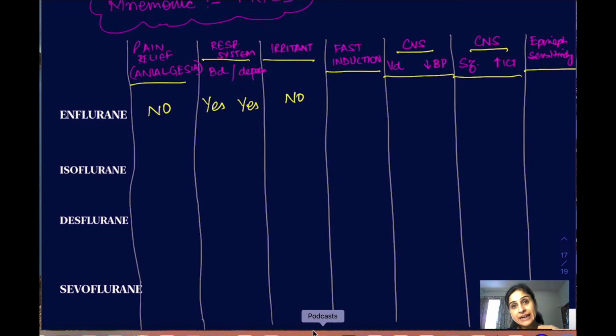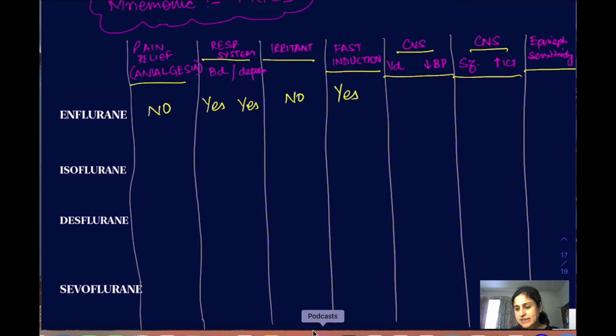Now, coming to induction, whether it is fast or slow. All of them are very fast inducers. So remember, all of them are not good analgesics, but all of them are quite good, fast inducers, because they are lipid soluble and also have a very low blood solubility. So fast induction, yes.